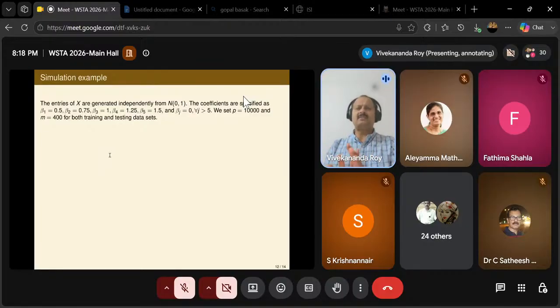I'll give one simulation example. I'll give you a reference where there are many simulation examples, but here I'm just going to show one. Here I have n equal to 400 and p equal to 10,000.